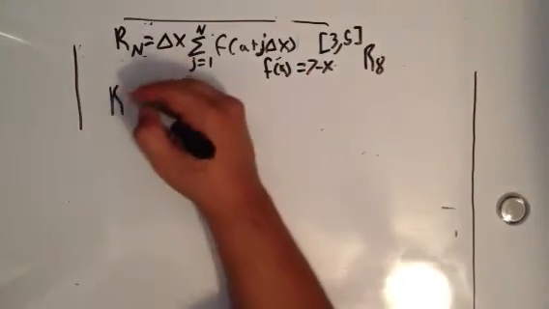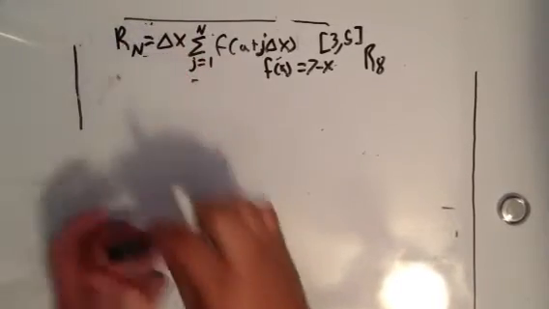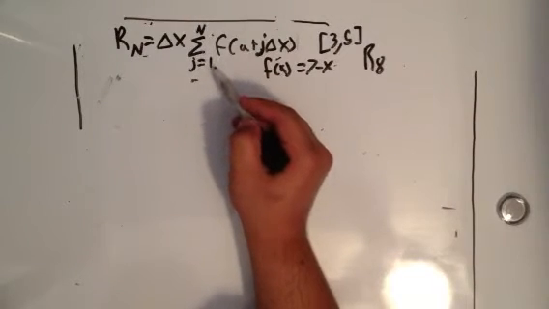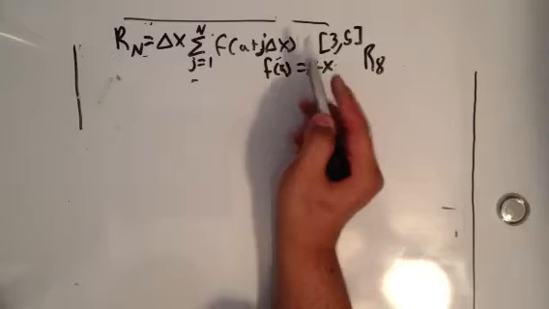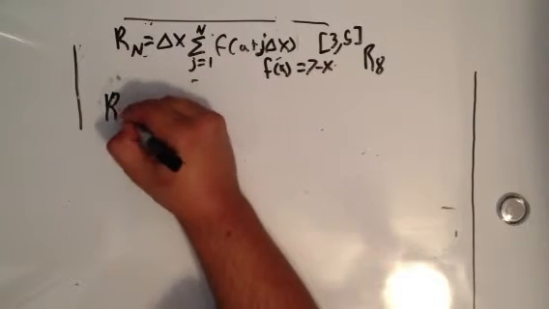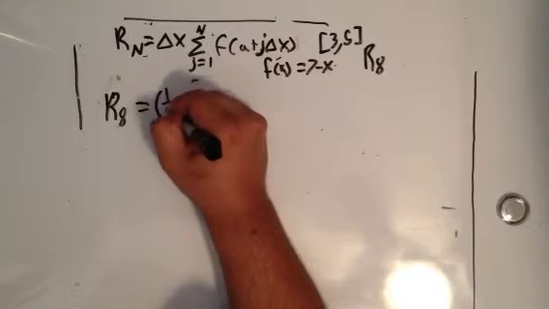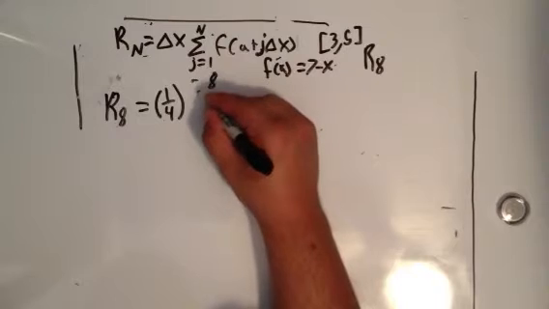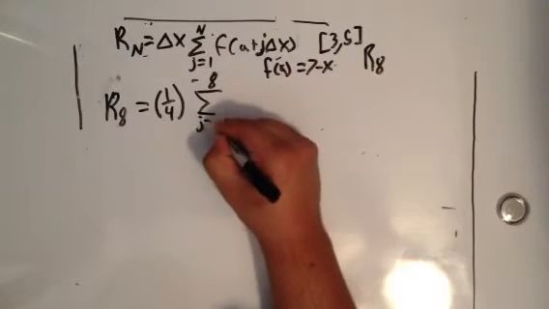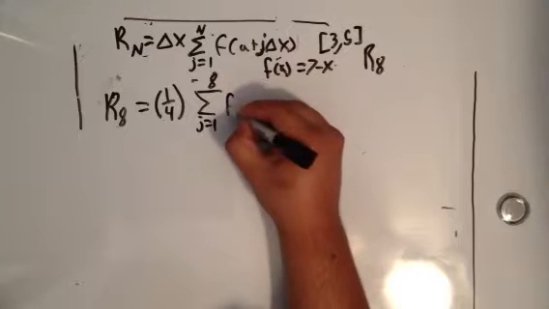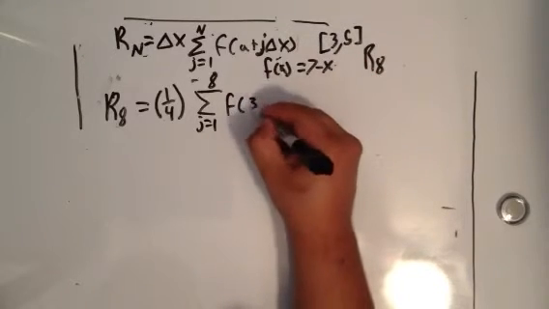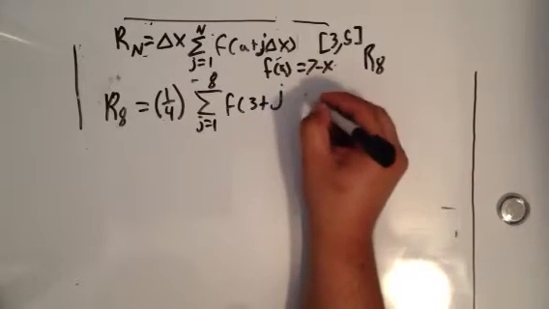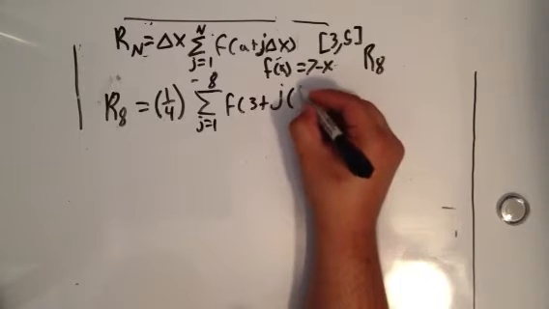So we know that R of n is equal to delta x times the summation of j is equal to 1 of f of a plus j times delta x. So we're going to say R of 8 is equal to 1/4. We just calculated delta x, and we know n is equal to 8, times the summation j is equal to 1 of f of a, and we know a is 3, plus j times delta x, which is 1/4.